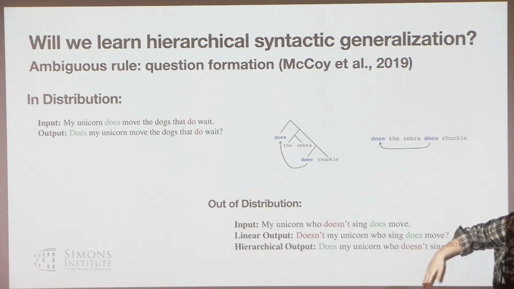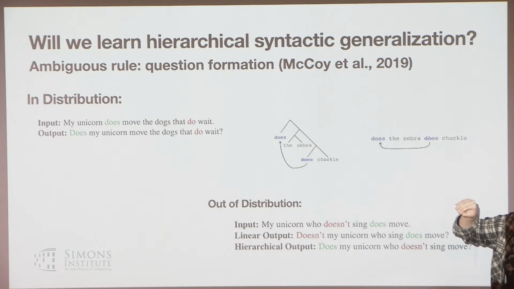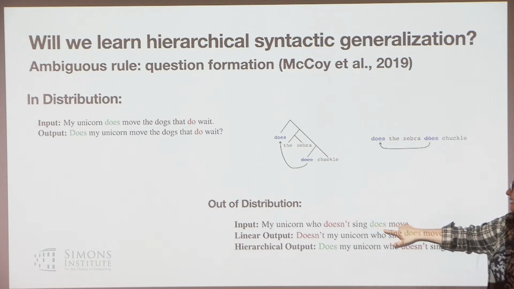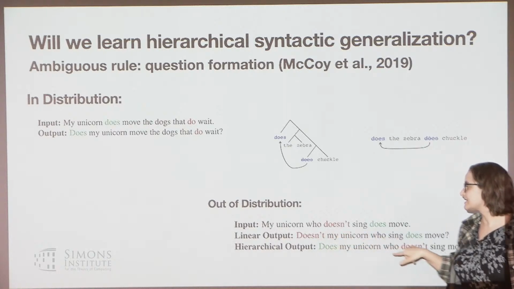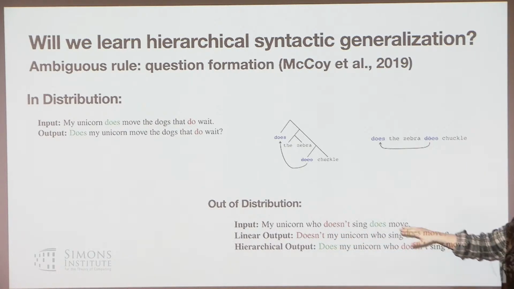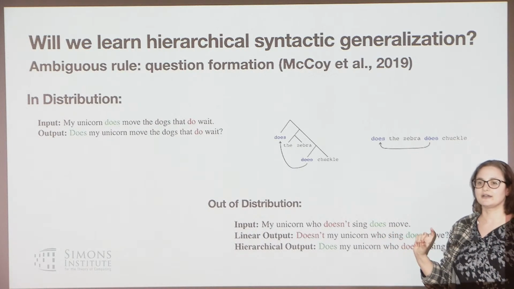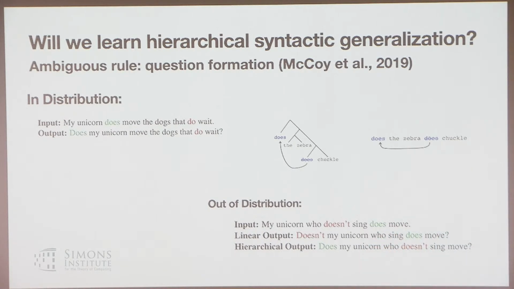And then out of distribution, we say what rule the model actually learned by checking whether it produces linear or hierarchical output on an input where those rules don't give the same output.